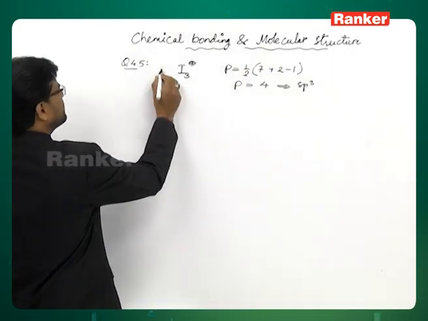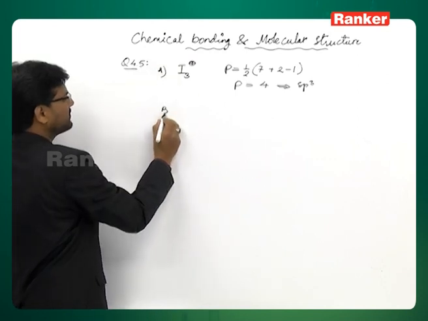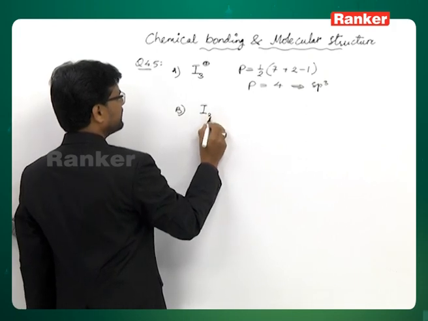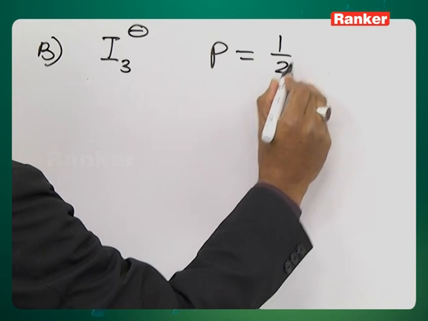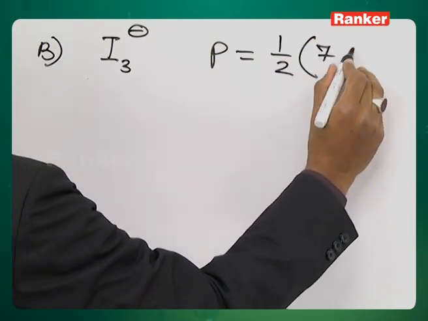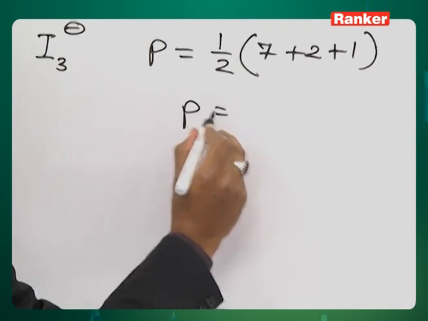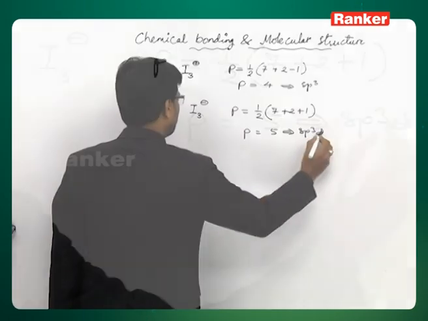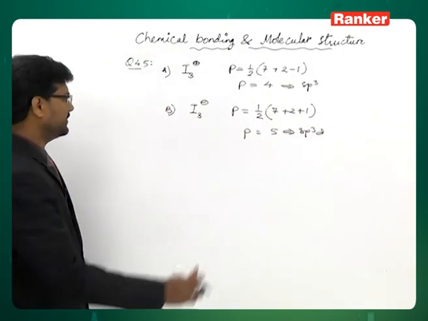Now, the next case, this is A, the next case B is I3 minus. Here also you take one of the iodines as central atom and take the other 2 as surrounding atoms, 7 plus 2 plus 1 this time. So, P equals to 5. That makes it sp3d hybridization. So, when you have 5 electron pairs, you take it as sp3d hybridization.